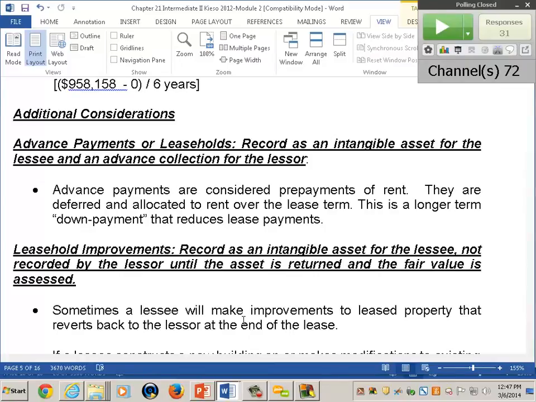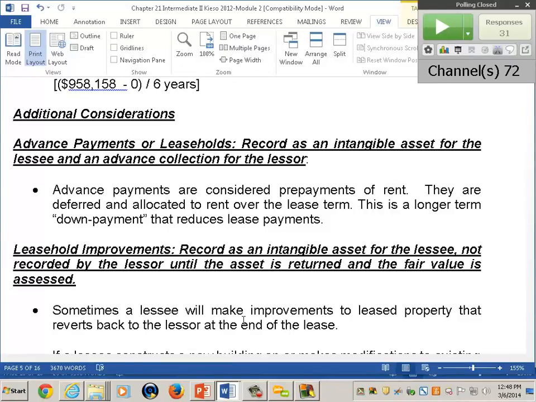If it requires an upfront payment, it's a leasehold, an intangible asset, or a prepaid asset I should say, that gets amortized against the rental for the period of the lease. So these are advance payments or unearned revenue for the lessor, and prepaid expenses for the lessee, and they get amortized over the lease term.